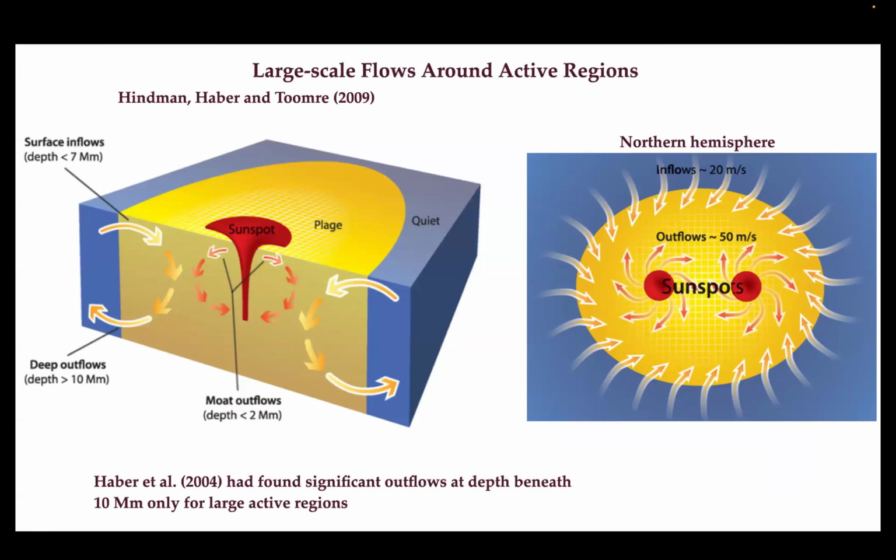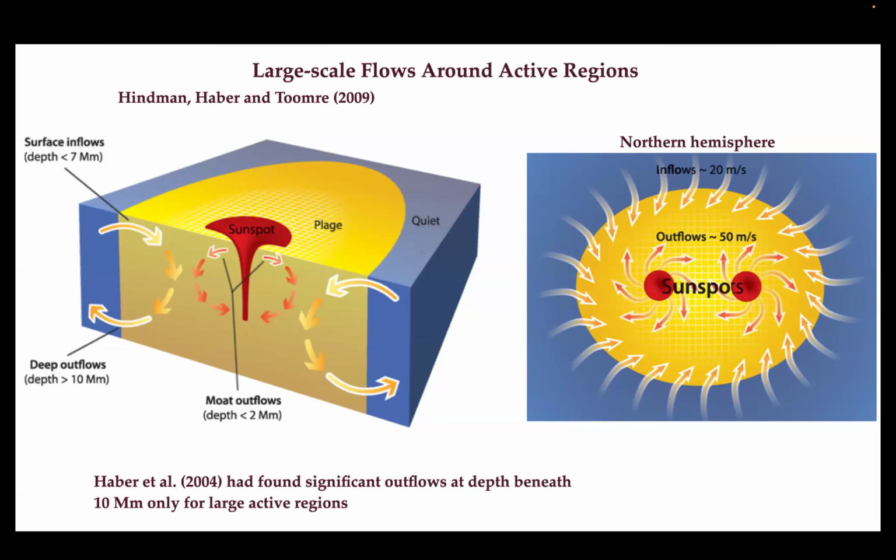And this is the picture which they put in their paper depicting the structure of flows around active regions. There's a large scale inflow. Very close to the sunspot, we know there is an outflow, which is called the moat flow, but that is on a smaller scale. But we are talking about a slightly larger scale.